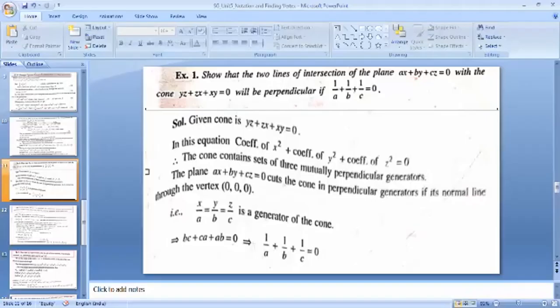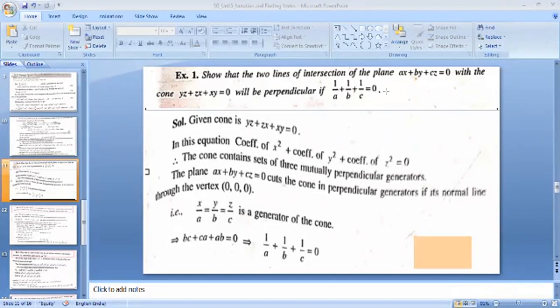So here also we can do the same thing. We have a plane given, and a line.